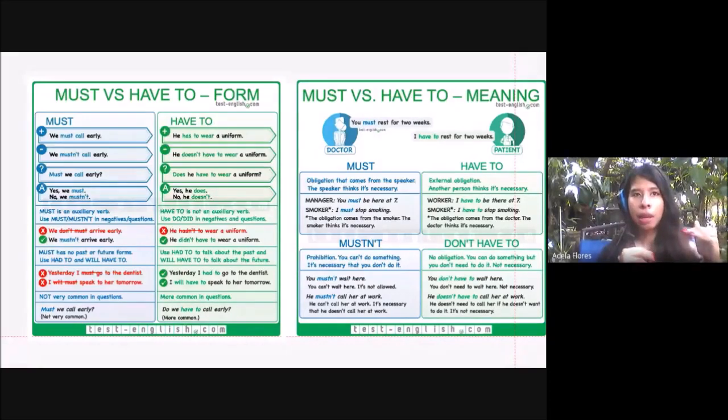Que must es como yo tengo que, pero yo tengo esa convicción de que hay que hacer algo. Y have to es como, sí, lo tengo que hacer, pero es porque me lo dicen, no es que realmente yo crea que es necesario. Okay? Kind of clear. Logramos diferenciar must y have to en su forma afirmativa.